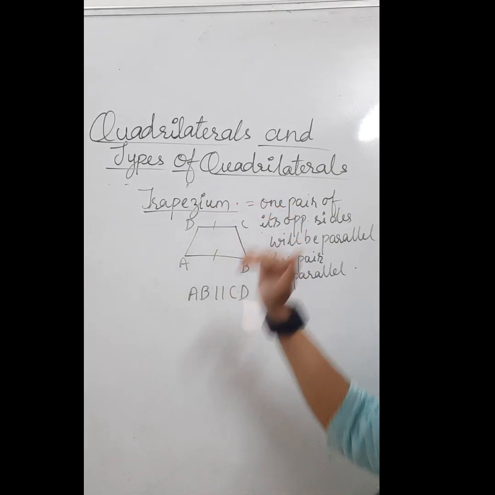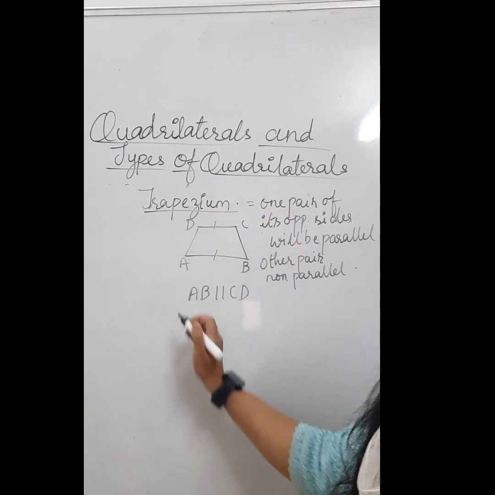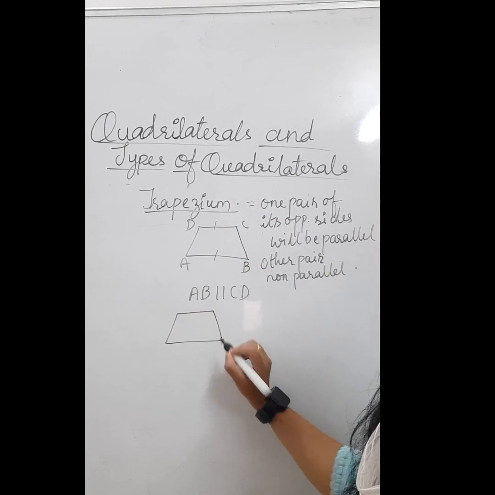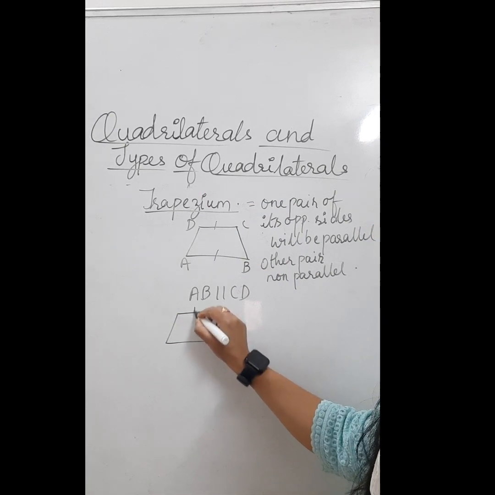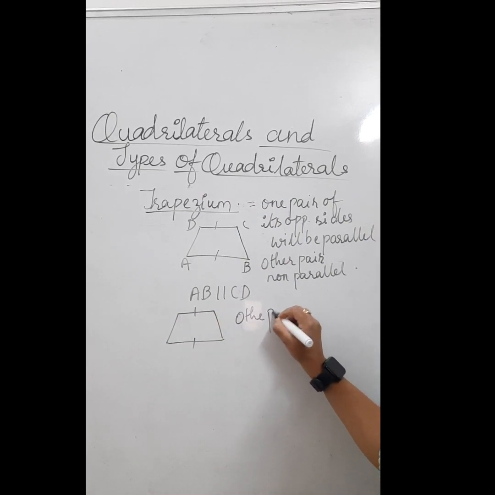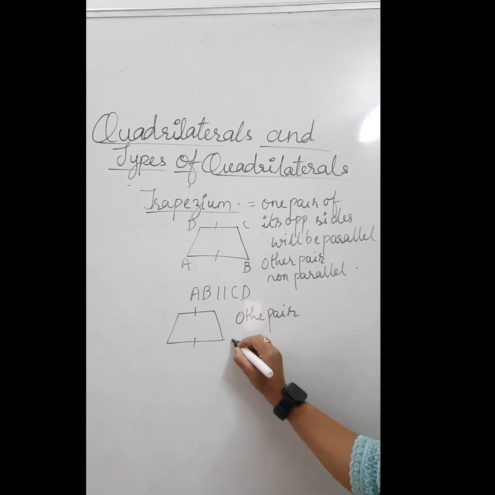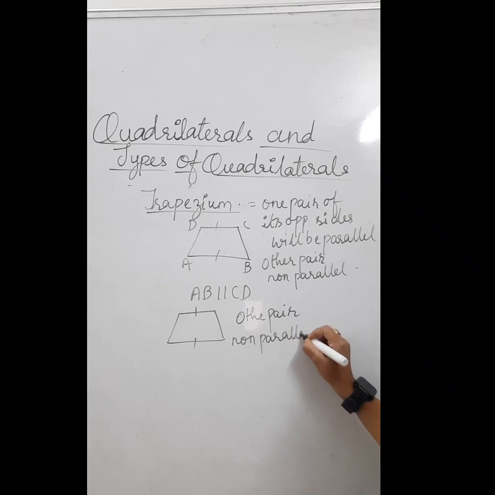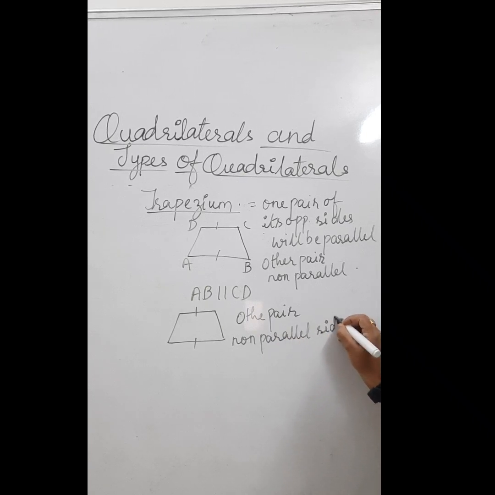Now, again, a trapezium has the isosceles trapezium in it, which says that one pair will be parallel and the other pair, that is the non-parallel sides, will be equal.